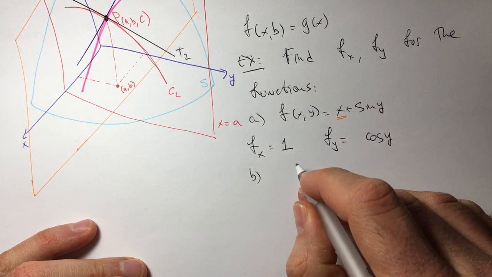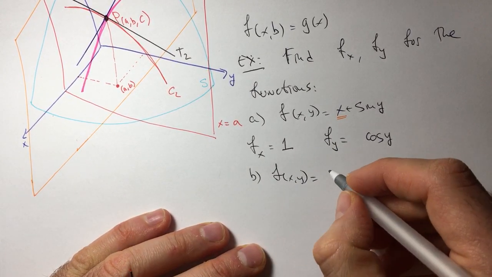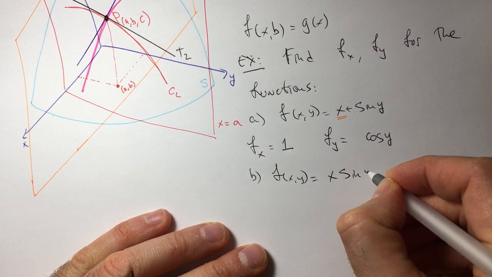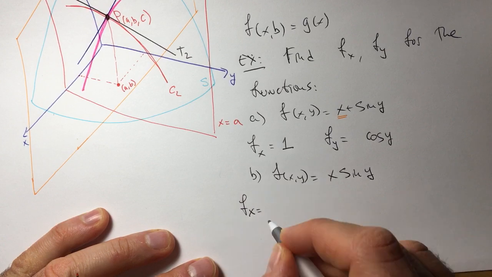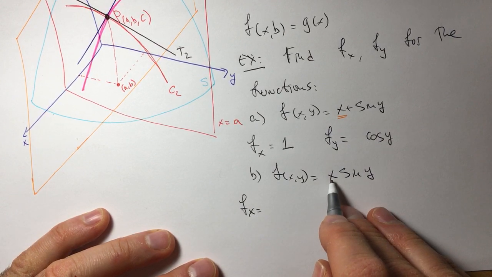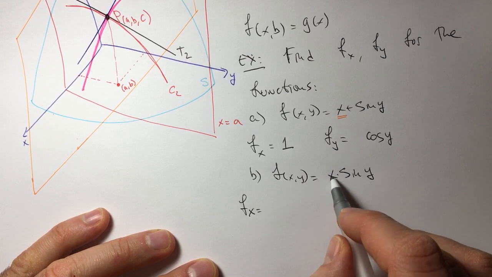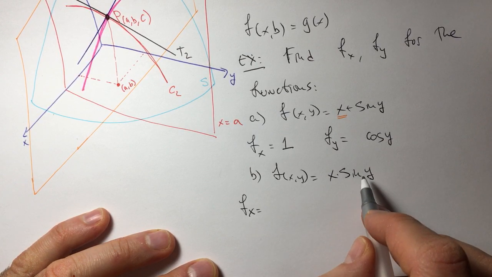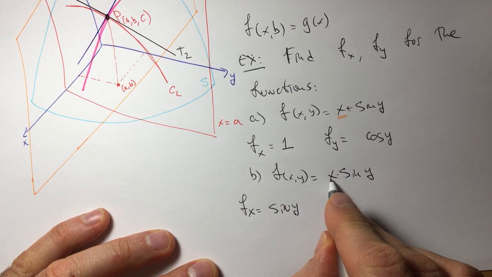Second example, let's say f of xy is equal to x times sine of y, right? Now partial f partial x: the derivative of x is 1, but now I have a multiplication. The derivative of a constant times a function is the constant times the derivative of the function.